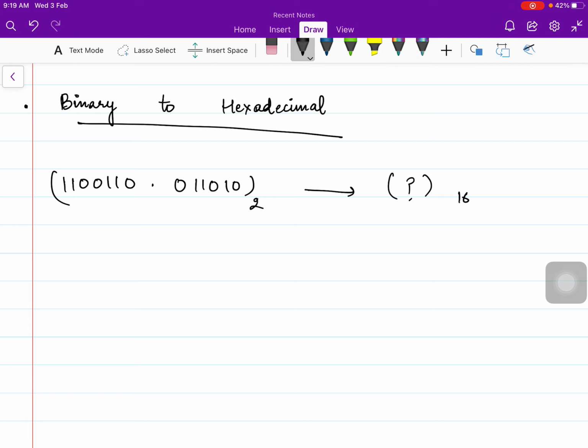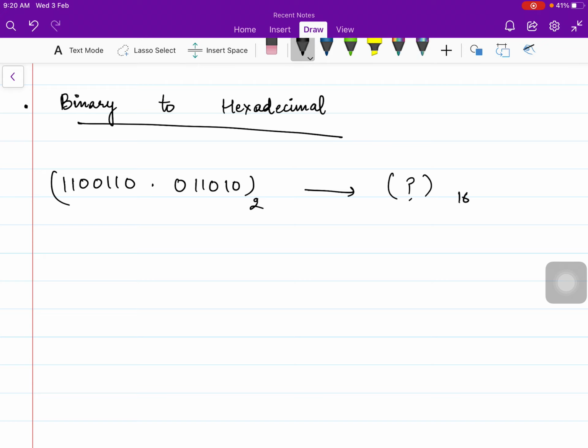So the technique now is not going to be the same as that in the case of decimal to binary or binary to decimal conversion. Now the technique here is going to be somewhat different. So binary to hexadecimal, how you have to do it? Now a new technique will come into light.